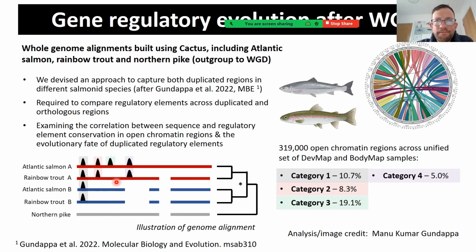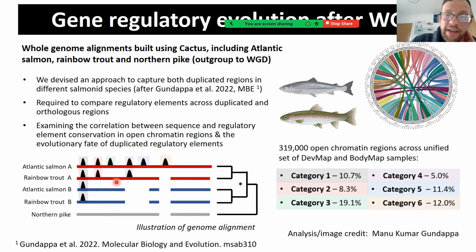And so on. We can identify peaks that are conserved in all different possible combinations. And the take-home message is really that we're able to successfully classify and describe the evolutionary history of regulatory elements during salmonid evolution and link that back to the ancestral condition in terms of sequence conservation, at least.